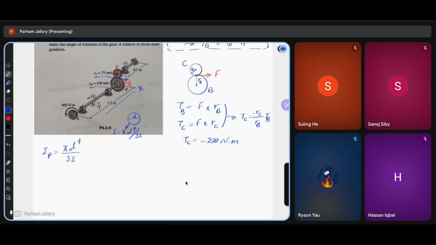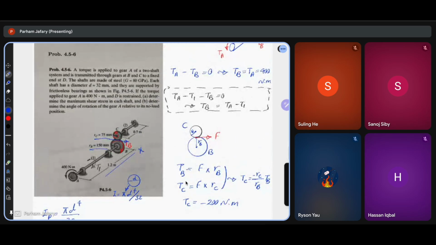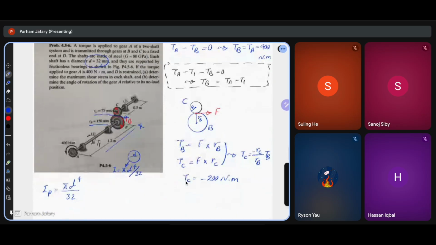Okay? You will be given the formula for that. So we need to calculate the polar moment of inertia for each shaft. Substituting the values, what are the diameters? It's 32 millimeters, right?